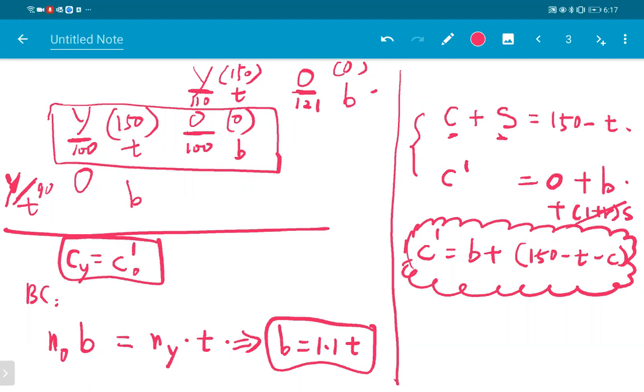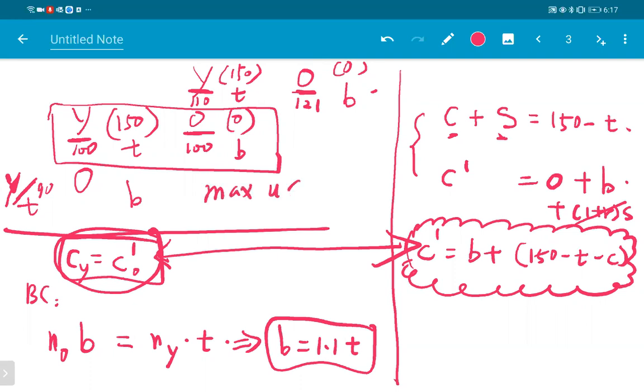Households have their preference, subject to this constraint. In your microeconomics class, you may write a preference like maximize utility of C and C prime, subject to the budget constraint.